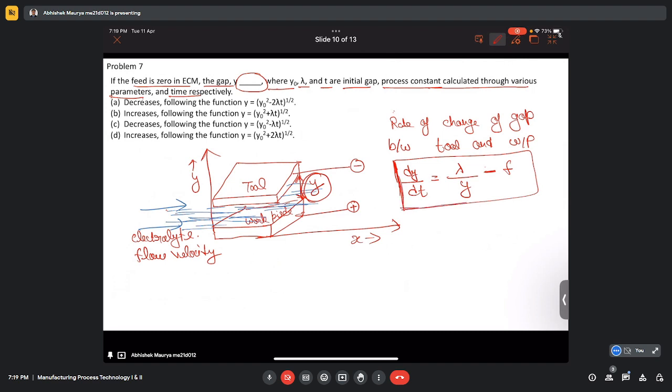This is the governing equation that defines the rate of change of gap between the tool and the workpiece, where lambda is a process constant. This lambda is a constant for a given electrode and electrolyte material combination.